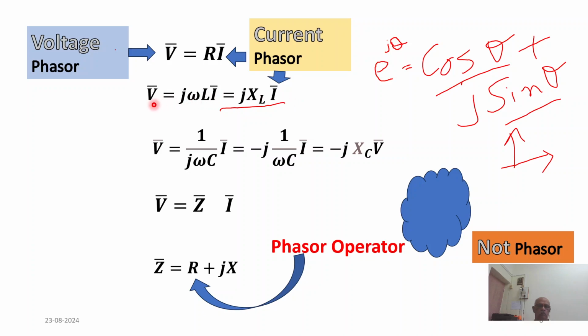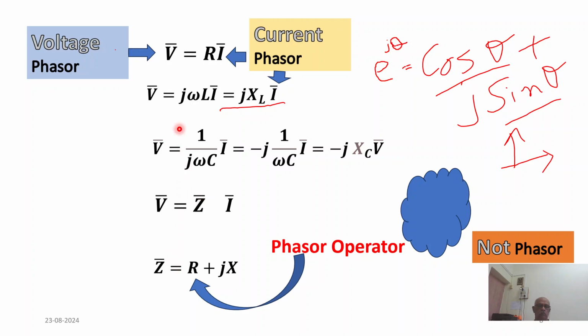So we say the current lags the voltage by 90 degrees, whereas for the capacitance, voltage is equal to minus j XC into I. So the current leads here by 90 degrees.